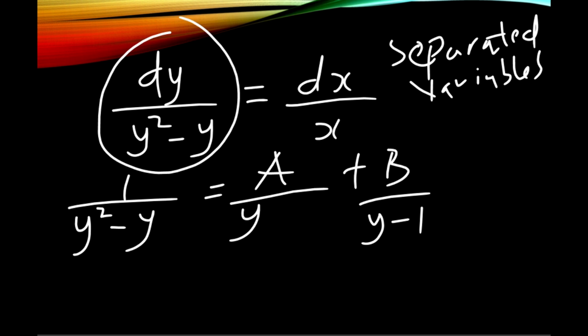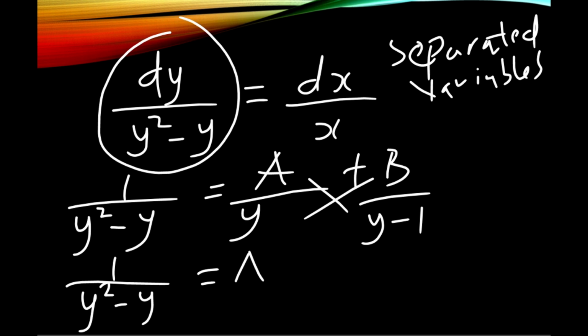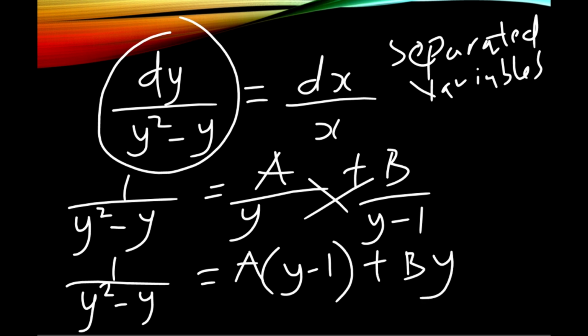So the next thing that we are going to do is we cross multiply. Yes, we cross multiply because we want to find the values of a and b. Then we just substitute it inside the equation to be able to simplify it further. So 1 over y squared minus y is equal to a multiplied by y minus 1 plus b multiplied by y. Good.